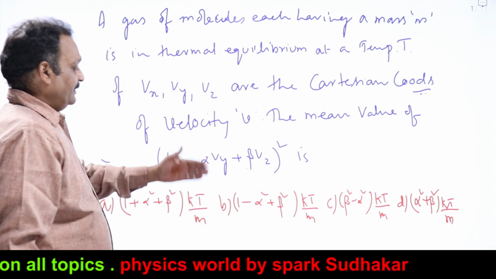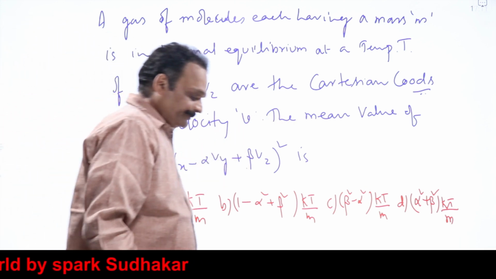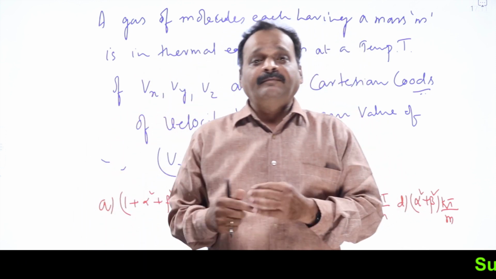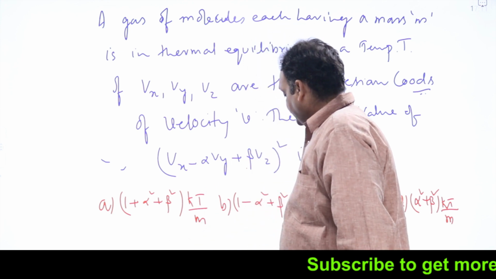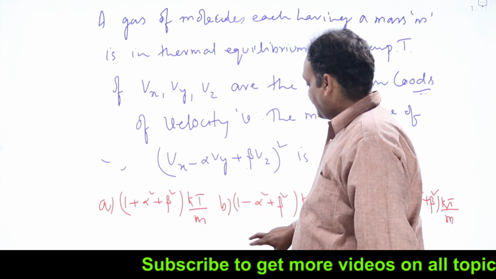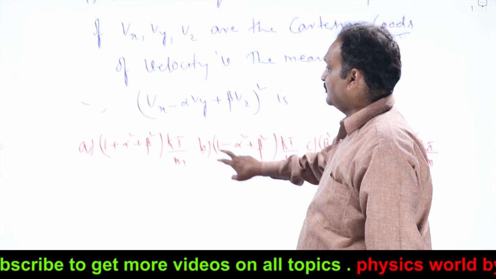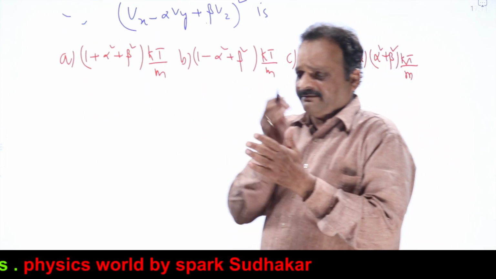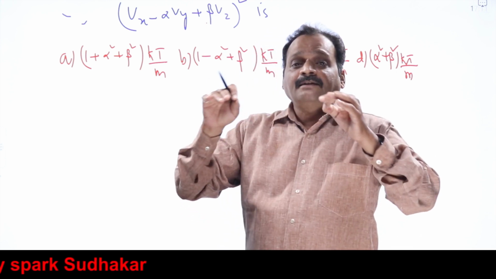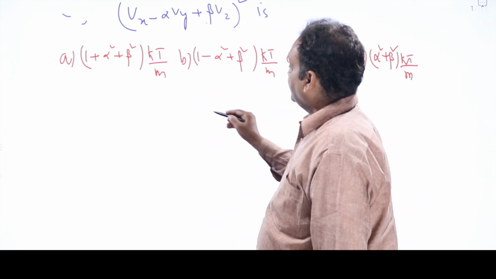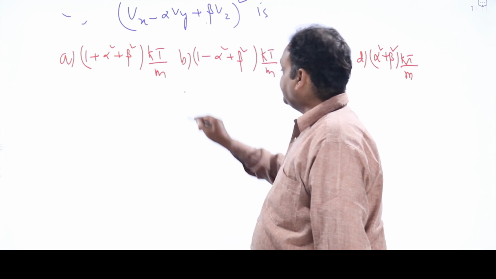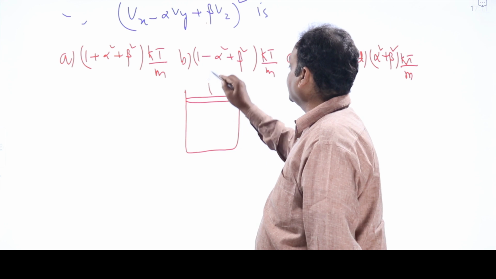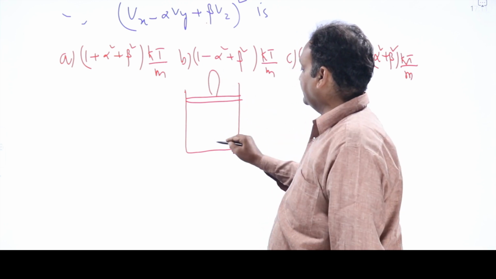Now, there are a few things we should understand before going into the solution of this problem. According to the kinetic theory of gases, gases are made up of atoms or molecules which move randomly here and there. They are in constant random motion, colliding with themselves and with the walls of the container, like molecules in a cylindrical vessel fitted with a piston.